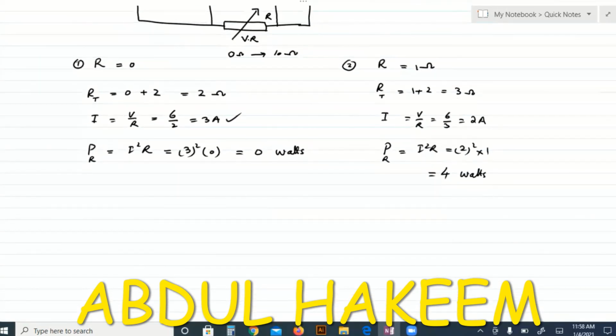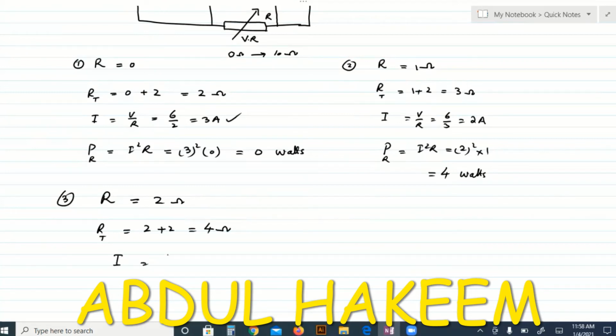Similarly, number 3, if the external resistor is set at 2 ohm, then the total resistance becomes 2 plus 2 internal, 4 ohm. Then the current becomes V divided by R, means 6 divided by 4. I think it's 1.5 ampere.